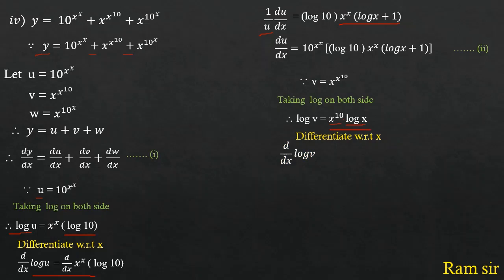So d by dx of log v is equal to log x as it is into derivative of x raised to 10, plus x raised to 10 as it is into derivative of log x.